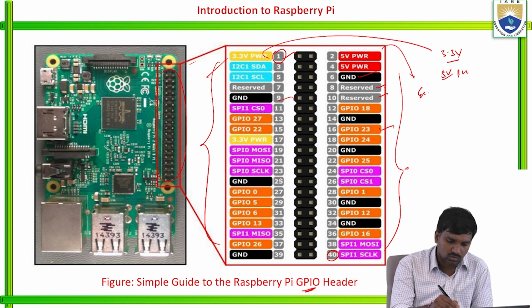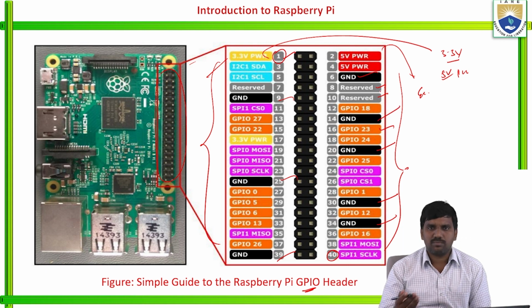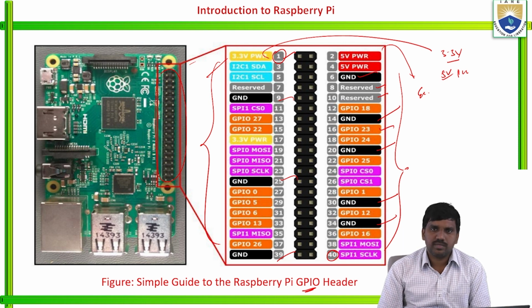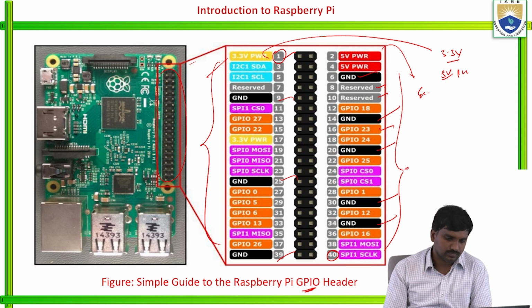There are ground pins as well. Depending on our requirement, we may use some of the ports. So this is just an overall view of the GPIO 40 pins, from first pin to 40th pin.